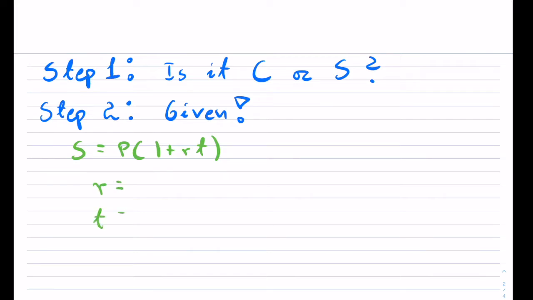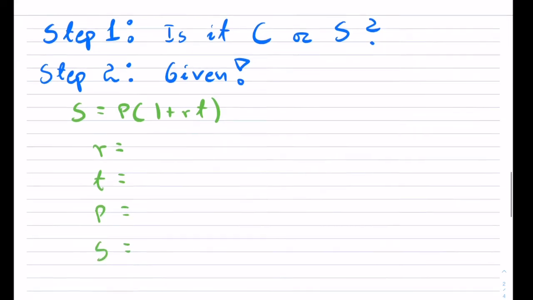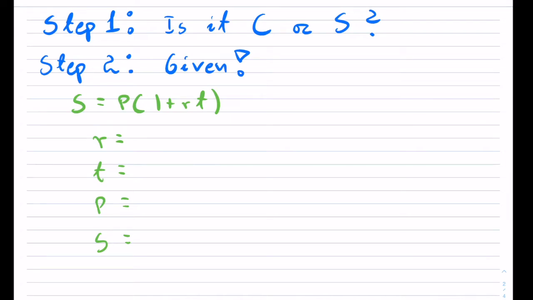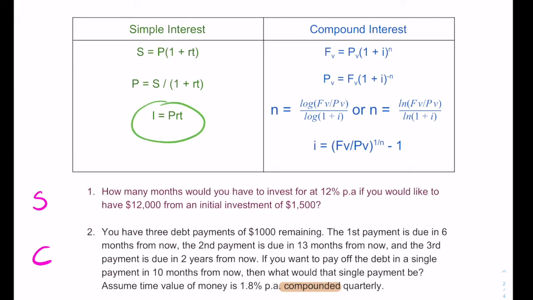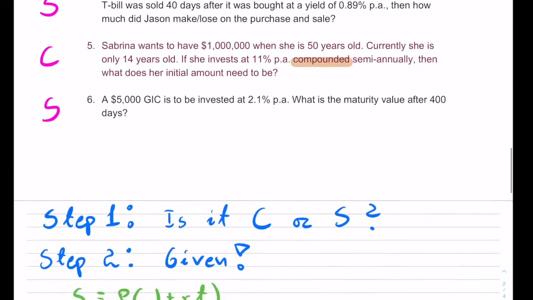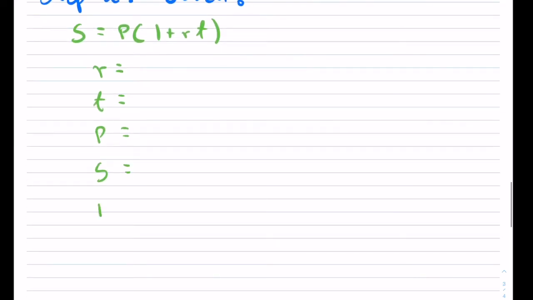Do I know T? Do I know P? Do I know S? Which ones do they give me? On occasion, they may give you interest. If you recall, our interest I is just PRT, so they may give you that. These are the only things that you run into on the simple interest side.